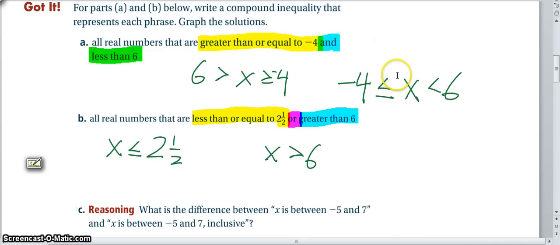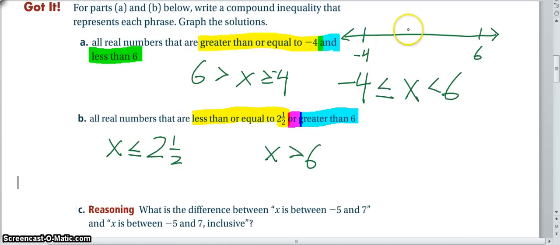So if we come up here and graph the first inequality, let me get my pen back. We start with -4. Now we have to decide, and hopefully you remember how we look at graphing, what sort of circle I'm going to use. So I have -4 as one point and 6 as the other, and 0 is going to fall somewhere in between, closer to 4.